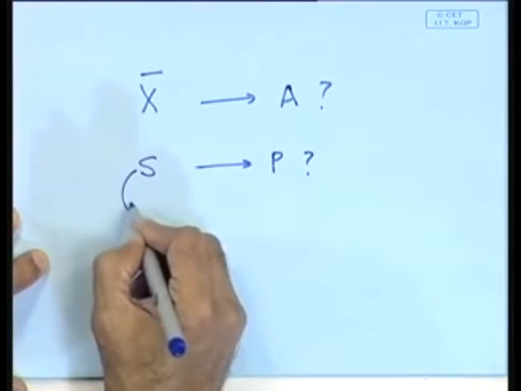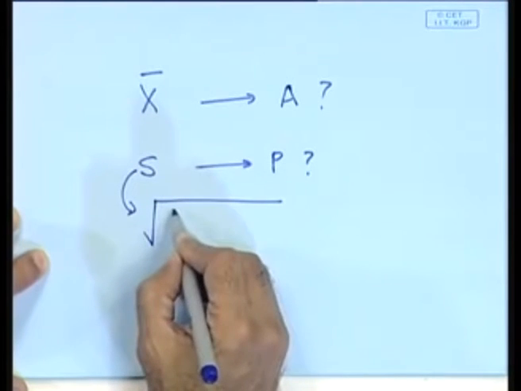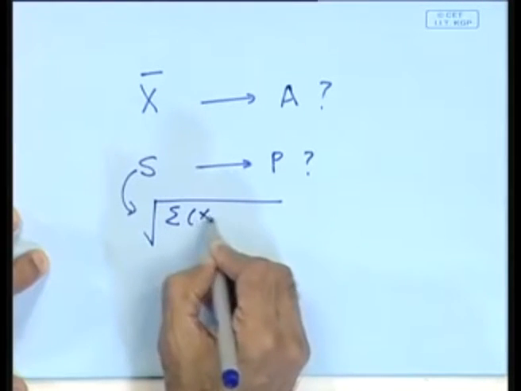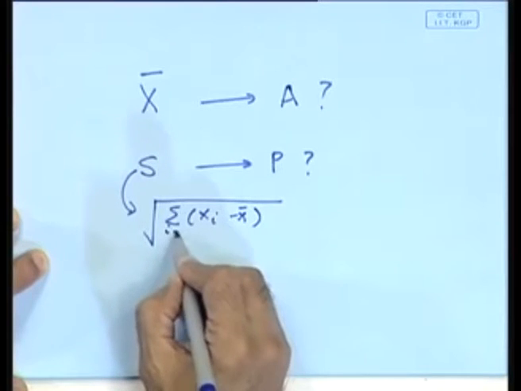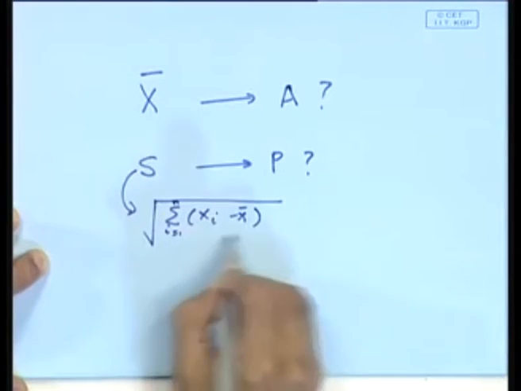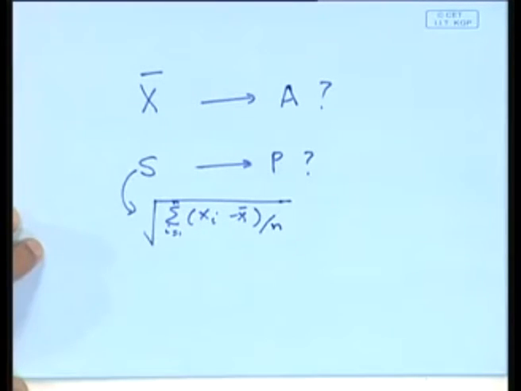But you remember the formula for S, which is a little complicated. It is square root, and then we do sum of xi minus x bar, with i equal to 1 to n, and I divide this whole quantity by n. I take that square root, that is my S quantity. This is a rather complicated formula.